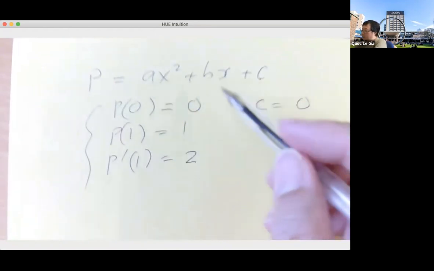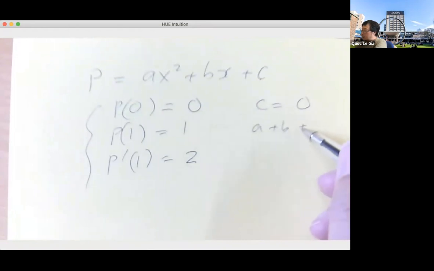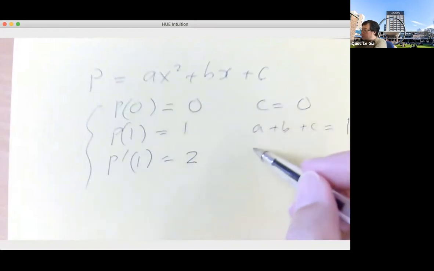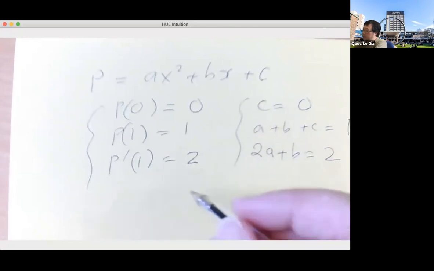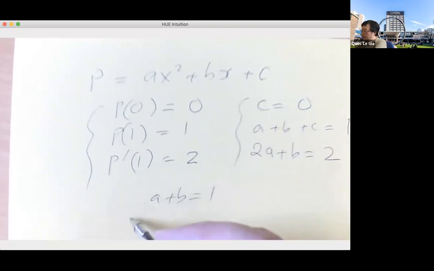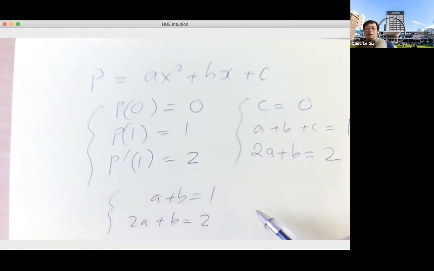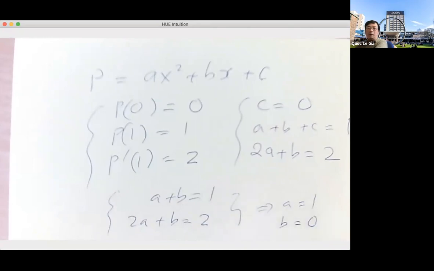At x equals 1, you have a plus b plus c equals 1. And the derivative is 2ax plus b, and putting x equal 1, 2a plus b equals 2. Since c equals 0, you have a plus b equals 1 and 2a plus b equals 2. So you take the difference, and you get a equals 1 and b equals 0.